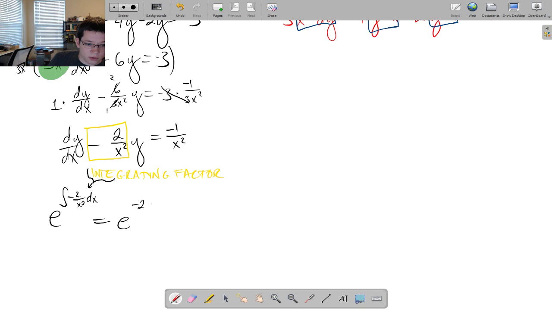e to the negative 2 times integral of x to the negative 2 dx equals e to the negative 2 times x to the negative 1 over negative 2. And we will ignore the constant because here we get to just choose, so I'm going to pick 0. So for the sake of completion, plus 0.